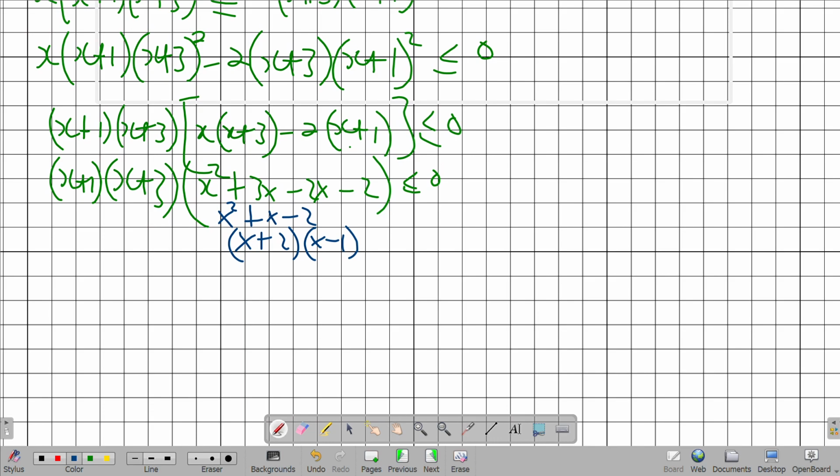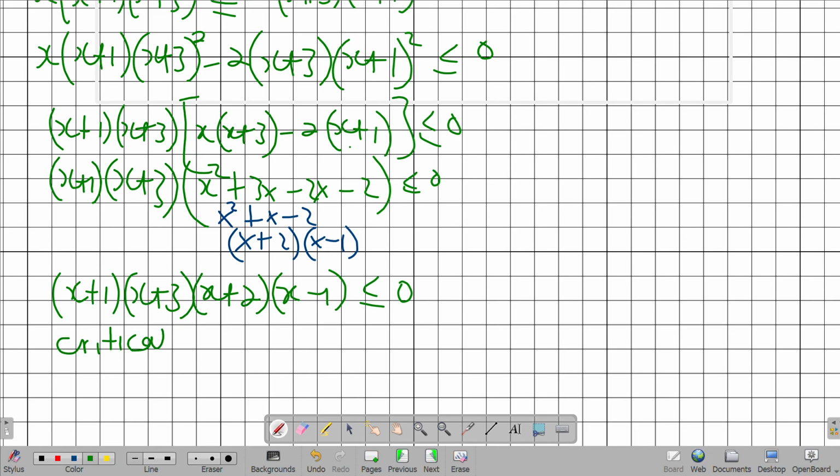So what we have here is x plus 1, x plus 3, x plus 2, x minus 1 is less than or equal to 0. Now the critical values, let me just write them, it's important.